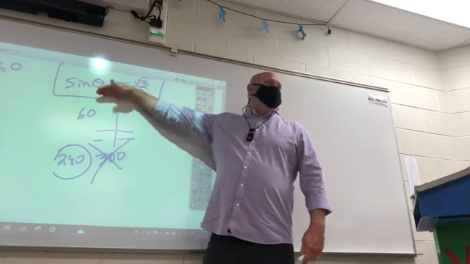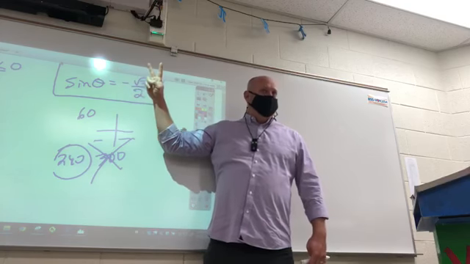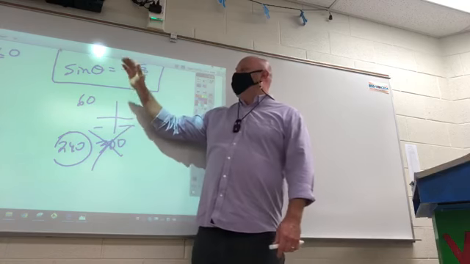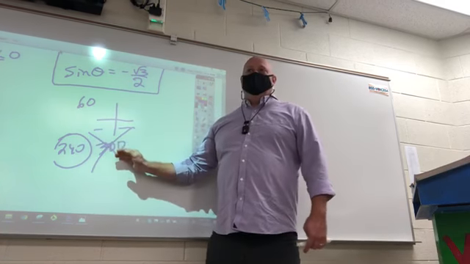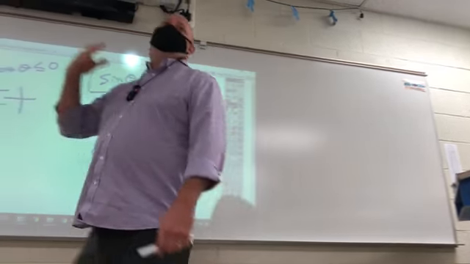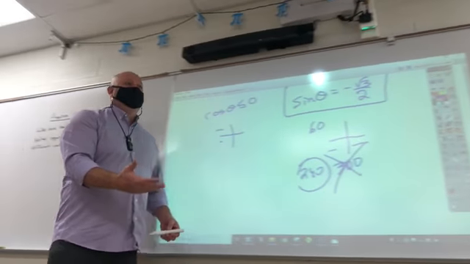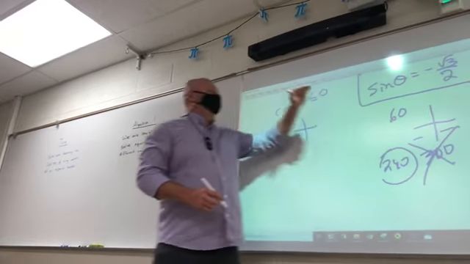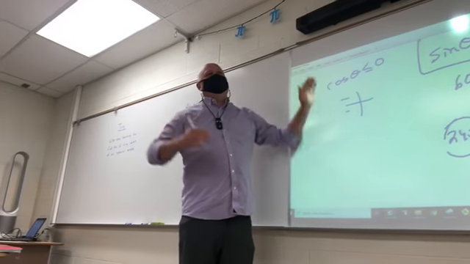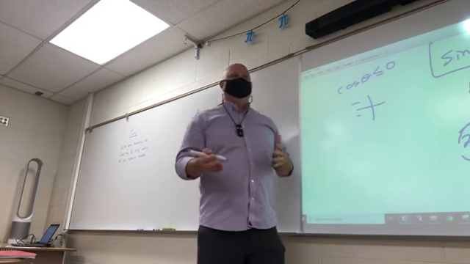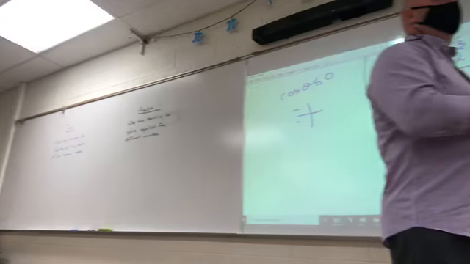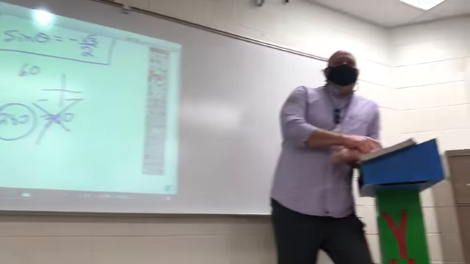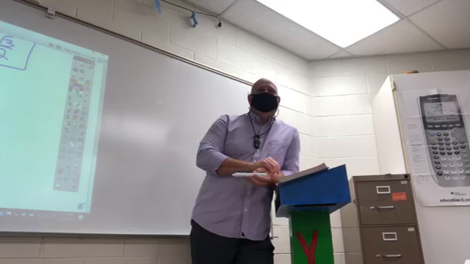How many times will sine equal square root of 3 over 2? Twice. What are those two answers? 240 and 300. But then if there's a part 2, like the second section, there's still two answers to this, but the second part will just reduce you down to one of those two answers when you do the overlap. Does that make sense? And yes, there will be some of these on the quiz and test coming soon.